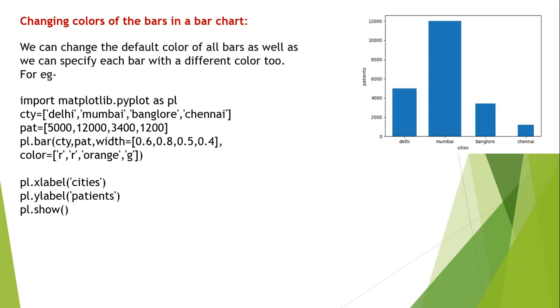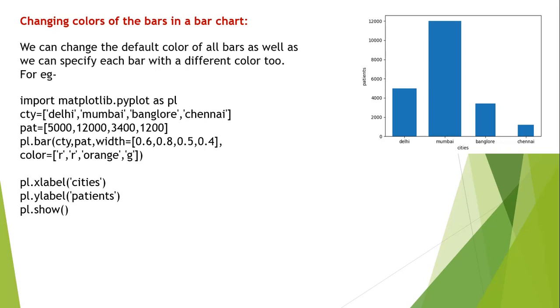As you can see, this is sample data. Right now there are different zones. You must have heard in the newspapers and in the news that cities have been divided in the form of zones: red zone, orange zone, green zone. So just for the sake of example, we have also taken colors like that, that Delhi and Mumbai are in the red zone, Bangalore is in the orange zone, and Chennai is in the green zone.